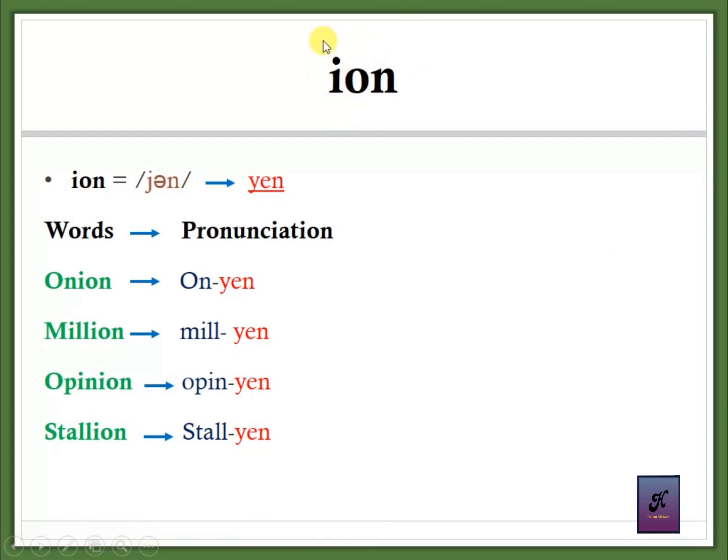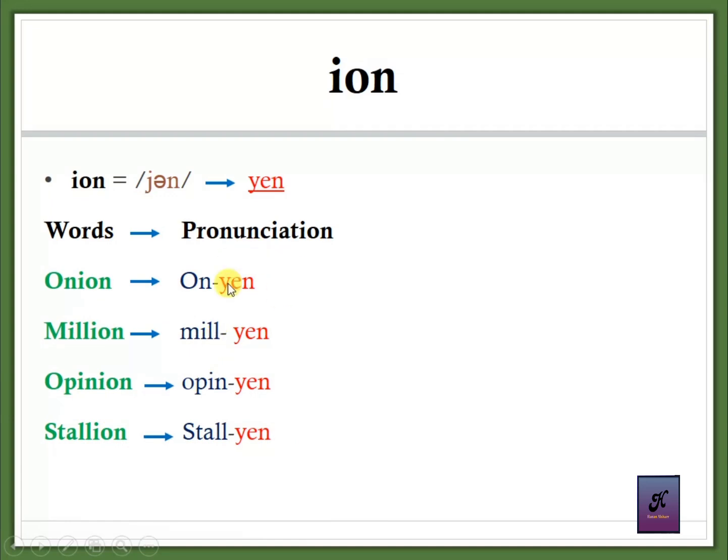I-O-N. What type of sound will it give us? It will give us the sound yin. I-O-N gives you the sound yin. For example, when I say onion, the I and O here will be y. So it will be on, yen, divided into two syllables. Mill, yen. Open, yen. Style, yen.